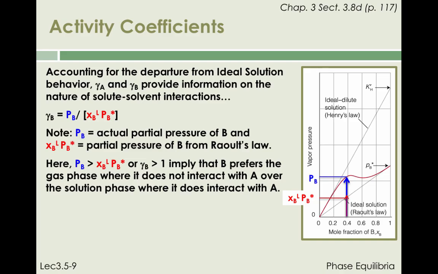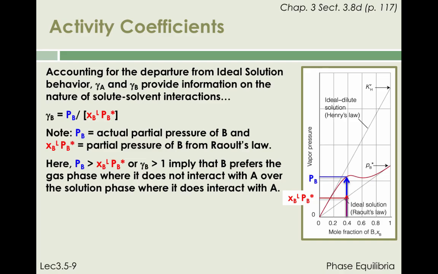If you remember that in ideal solutions, all intermolecular interactions, AA, BB, and AB, are the same, then you must conclude that a greater concentration of solute in the vapor phase is indicative of non-favorable interactions between B and A in solution. In other words, if solvent and solute do not like each other, they would rather be in the vapor phase, where their interactions are minimized, than in solution, where they cannot avoid interacting.